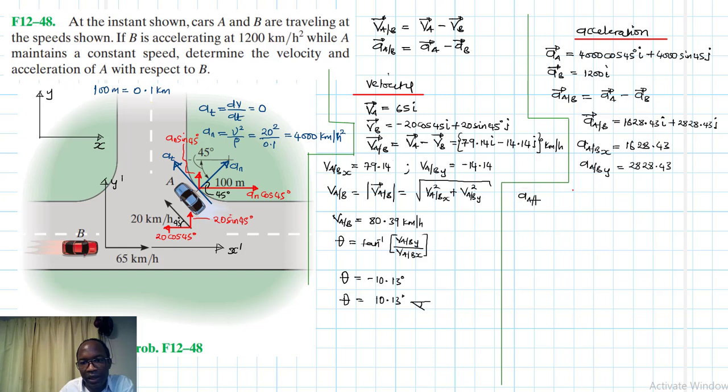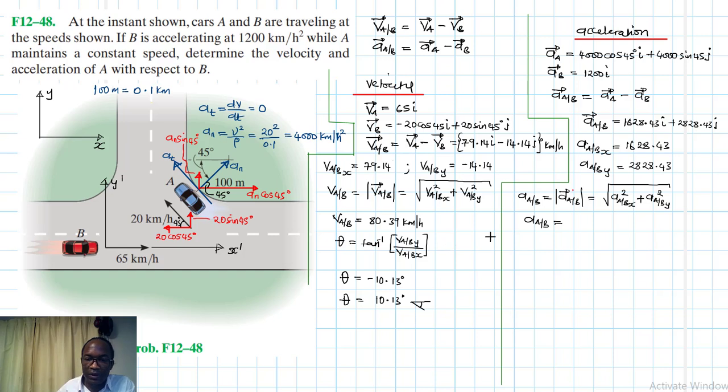So let's find the magnitude. A stroke B magnitude is equal to the square root of AB x squared plus AB y squared, which is 1628.43 squared plus 2828.43 squared.